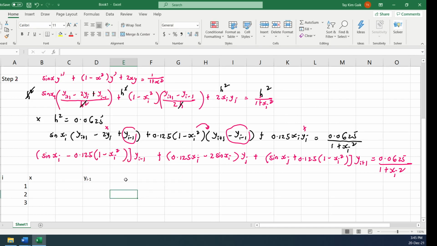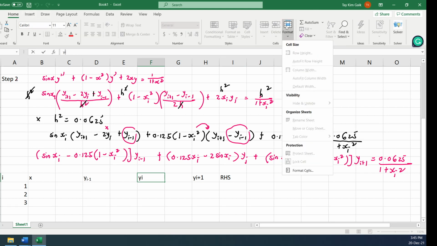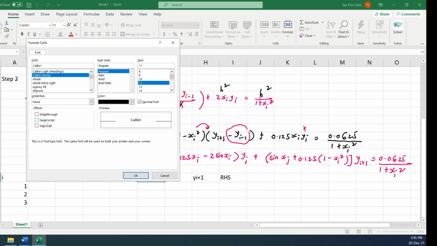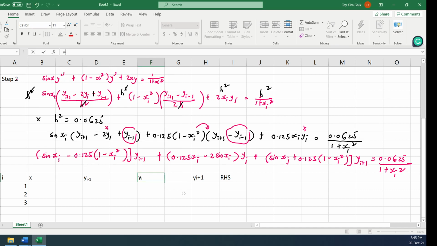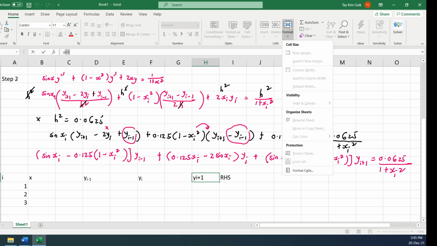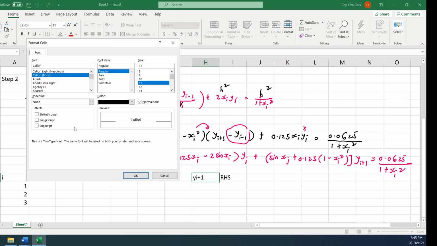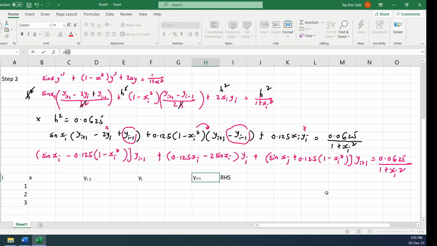So you have y_{i-1}, this is y_i, this is y_{i+1}, and this is the right hand side. Select the i plus 1 and format cell subscript.